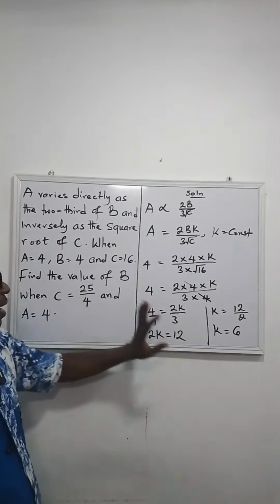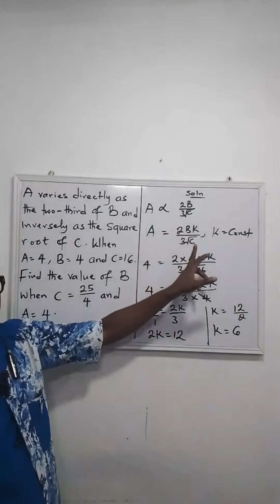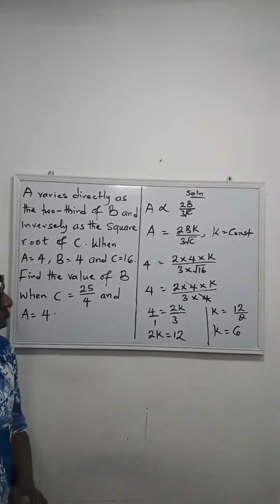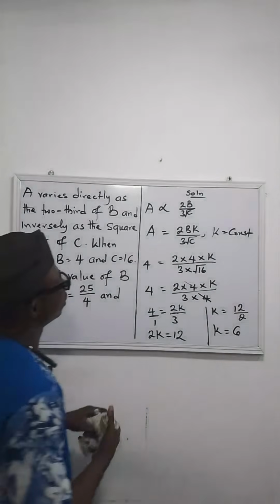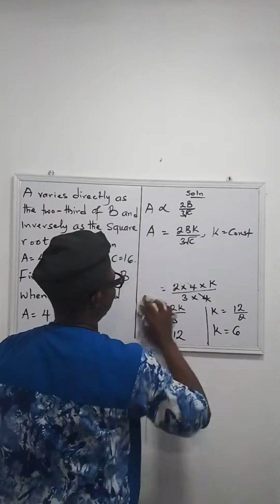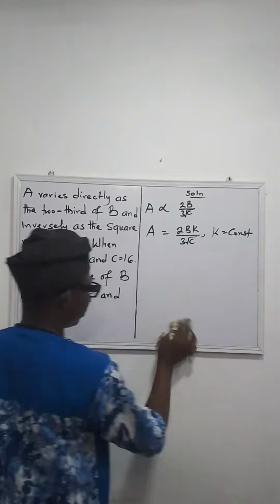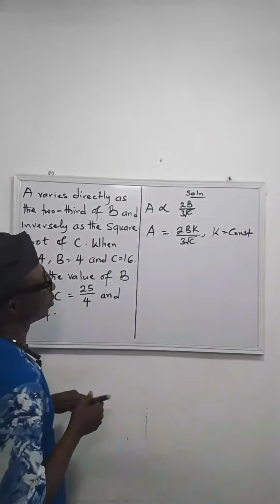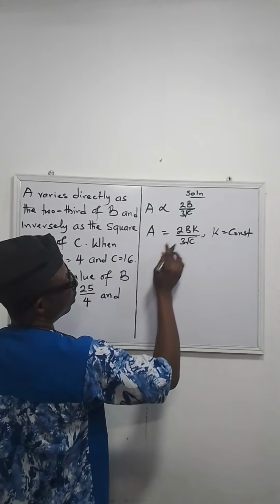Now we can get the relationship between A, B, and C. Don't forget K is 6, so we plug in the value of K here.